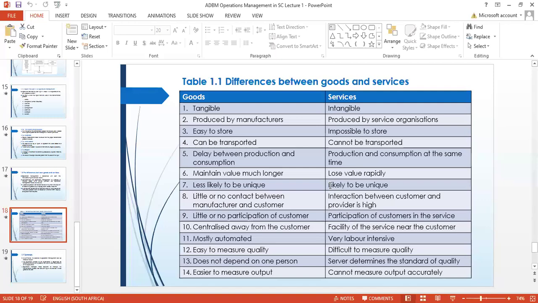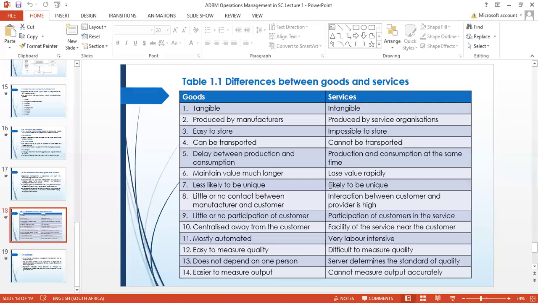12, easy to measure the quality of products. It's difficult to measure the quality of service. You're not saying it cannot be measured, but it can be measured. When you see that there are complaints for the service that's being provided, then you know that it's of low quality, but it's difficult to measure the quality of a service as compared to a product. Number 13, does not depend on one person, the manufacturing of goods.